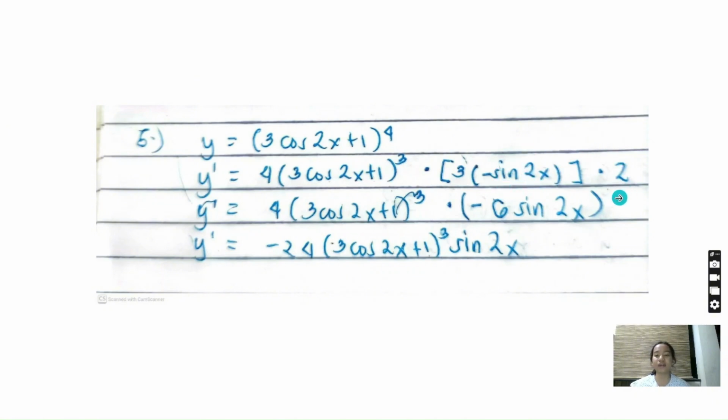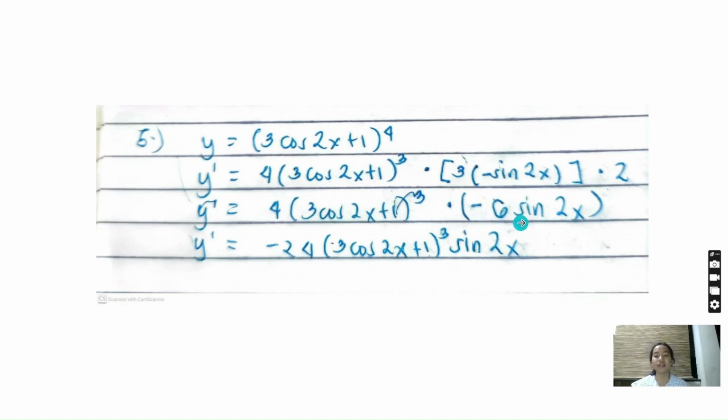And then times 2, the derivative of 2x. So multiplying them together, which I started here. So 3 times 2, that is 6. And then 6 times negative sine 2x, of course, it gives us negative 6 sine 2x. And then now we can multiply them together.